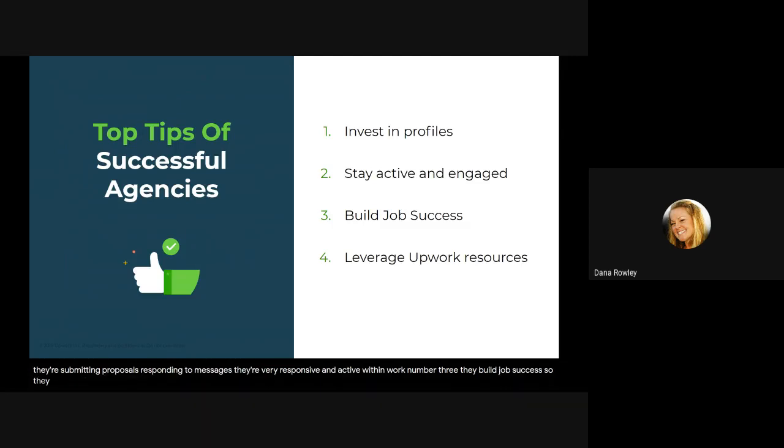So they deliver great work over and over again. And lastly, they leverage Upwork resources like the blog, the hiring headquarters, and the community. And all of these can be found in the footer of Upwork. So if you scroll all the way to the bottom of any page, you can find the blog, community, business resources, all that great stuff.